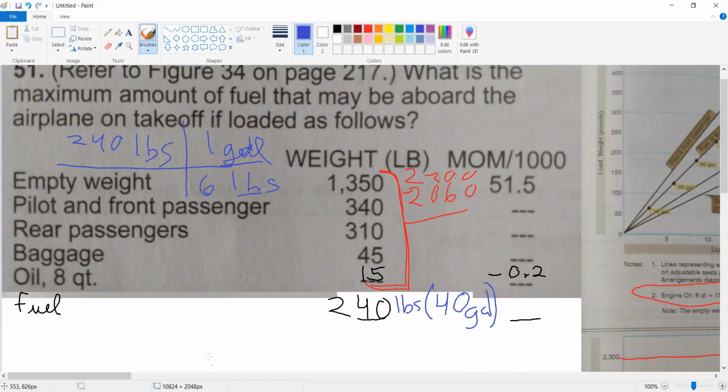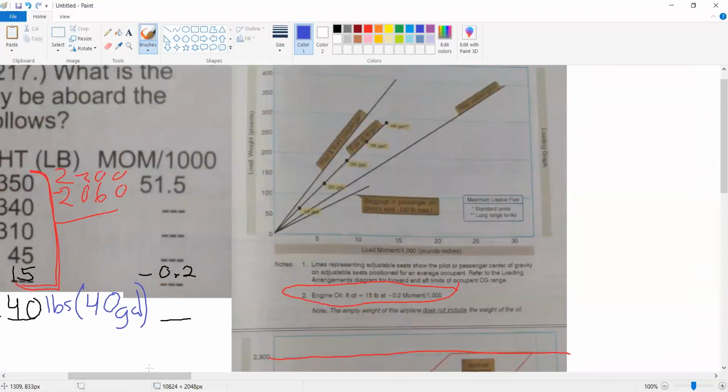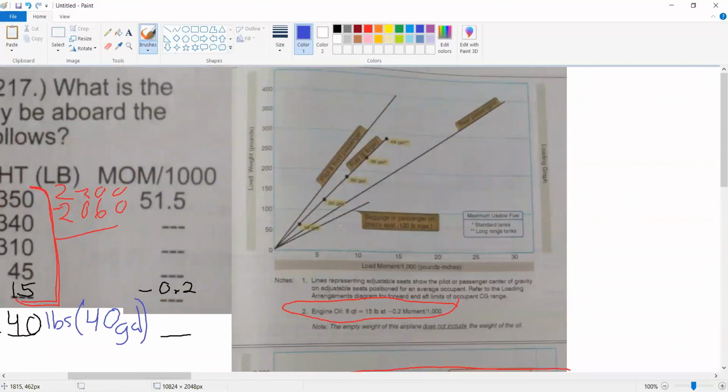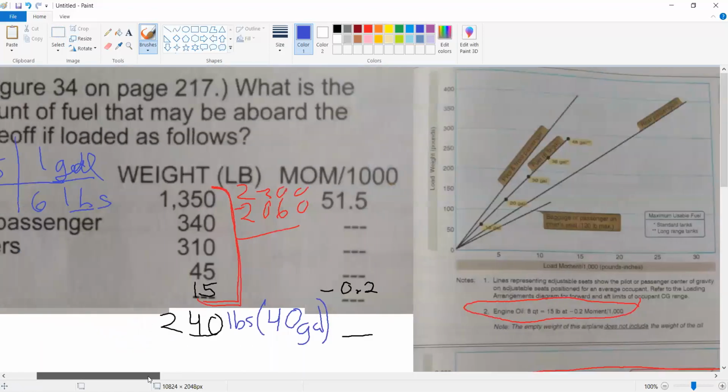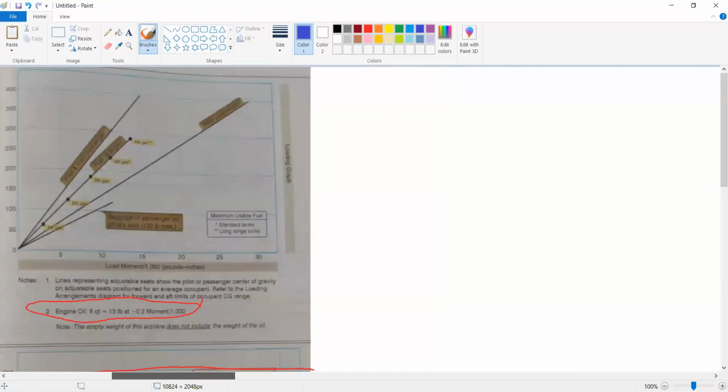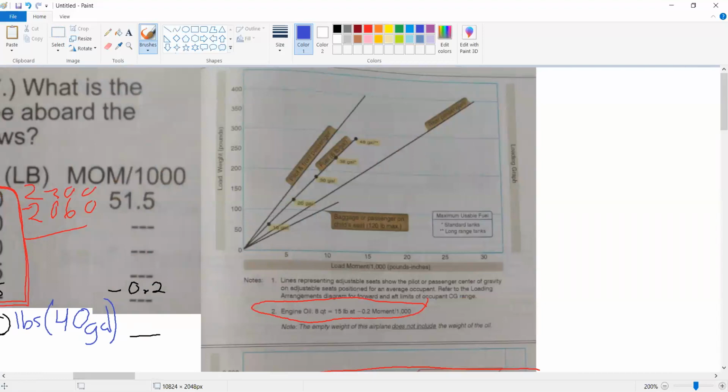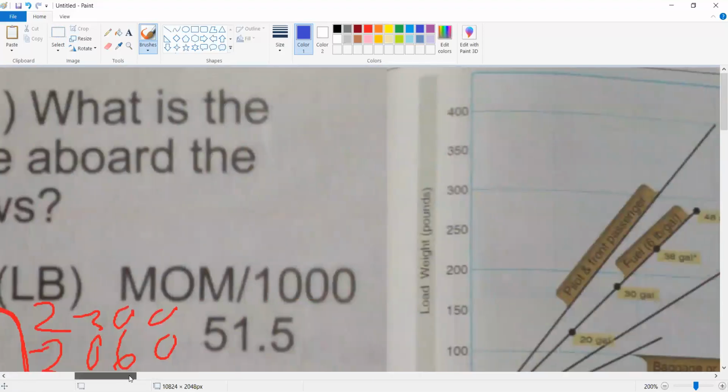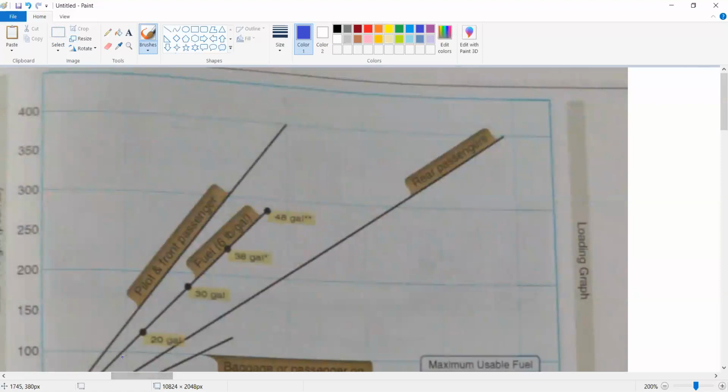So actually, we could solve the answer without even looking at the moments. But let us practice using the moment as well, filling out the chart and coming out with the answer. So the pilot and front passenger. The weight is 340, so we'll try to find 340.